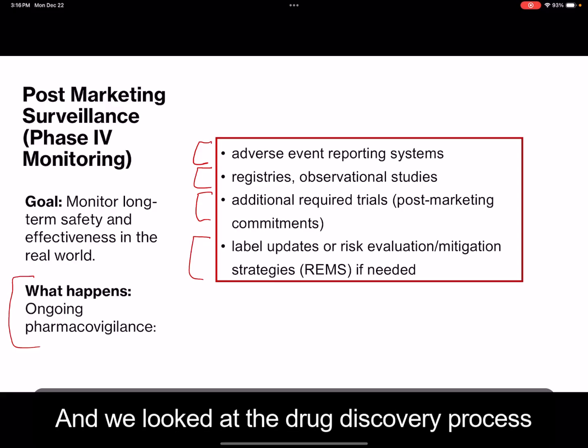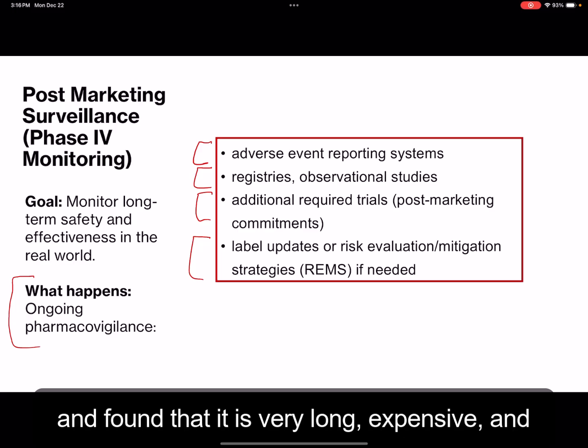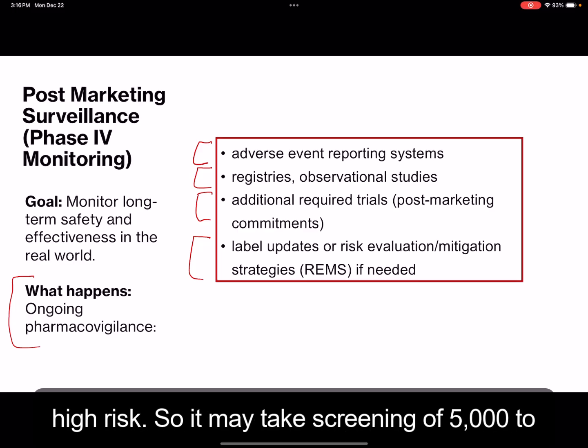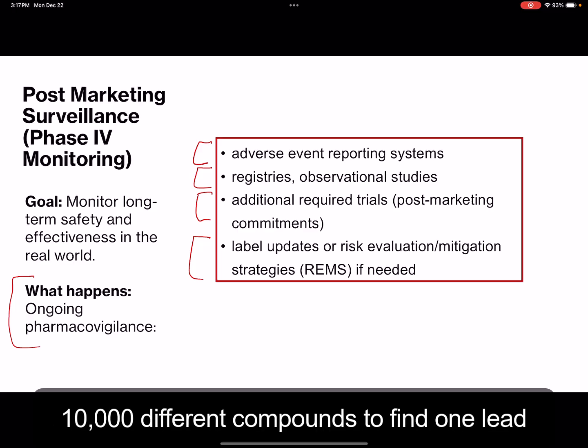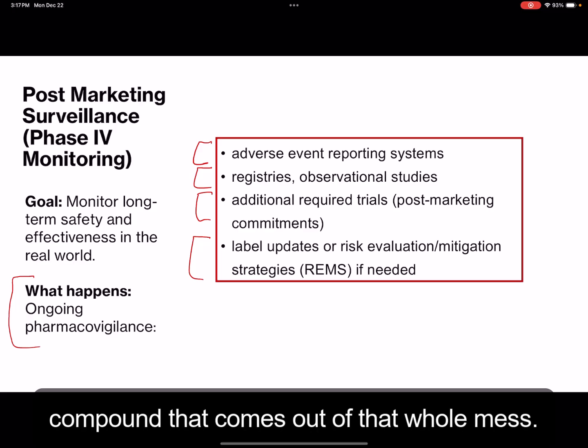And we looked at the drug discovery process and found that it is very long, expensive, and high risk. So it may take screening of 5,000 to 10,000 different compounds to find one lead compound that comes out of that whole mess.